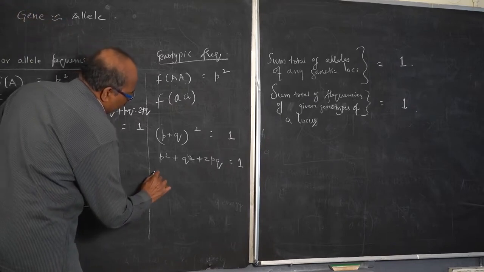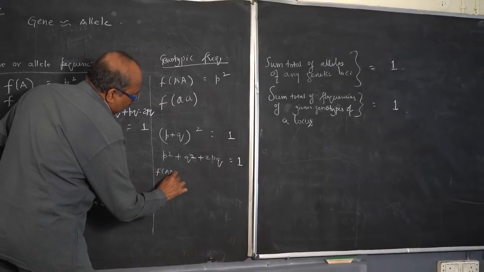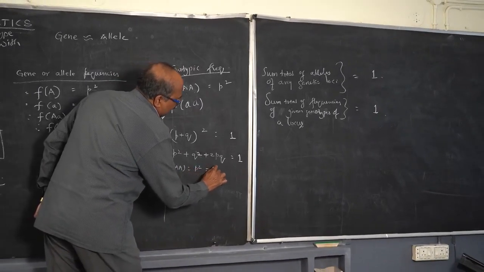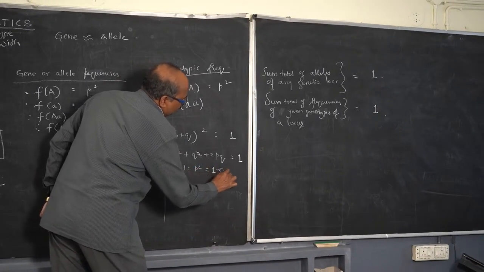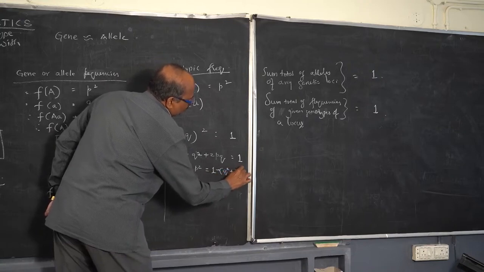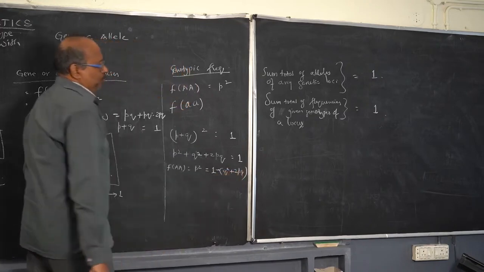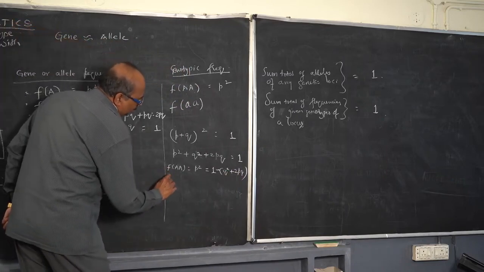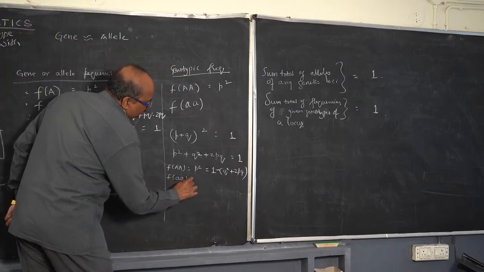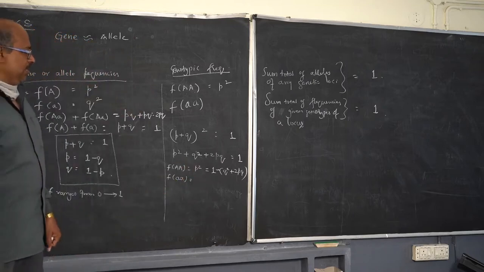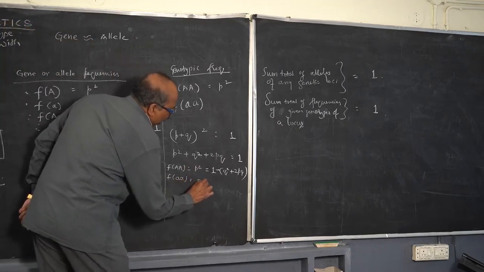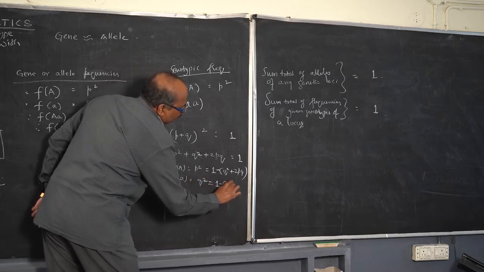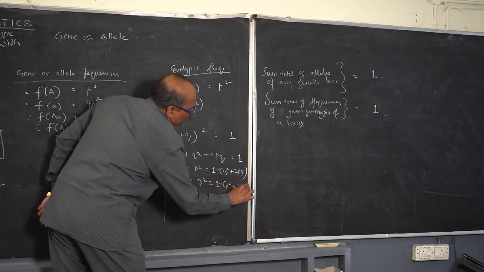If I want only frequency of capital A capital A, this will become P square. This I can write as 1 minus Q square plus 2PQ. Similarly, when I want homozygous recessive frequency, it will be Q square equals 1 minus P square plus 2PQ.